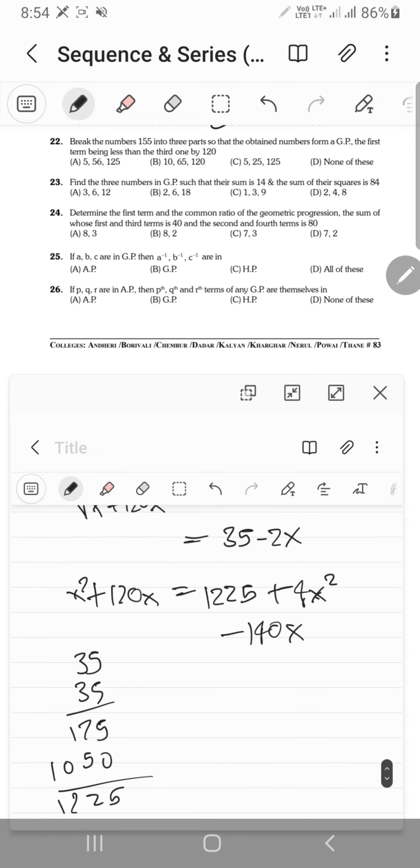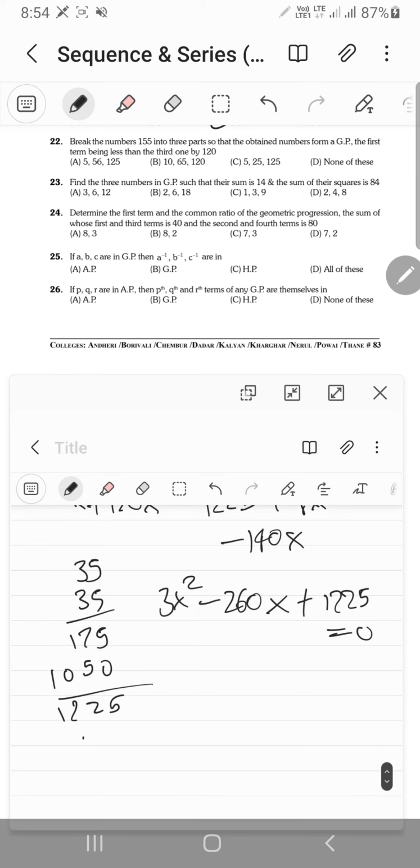This is so bad. 3x squared minus 260x plus 1225 is equal to 0. Oh god. So 35 squared times 3, this can be split into something that adds up to 260.